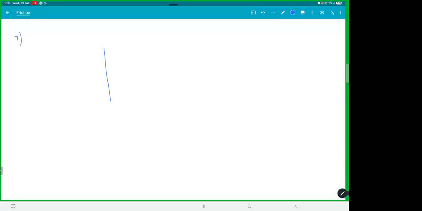Let's see one more. 45 degrees. Mu is equal to half. We got a block here, which is 10 root 2 kgs.